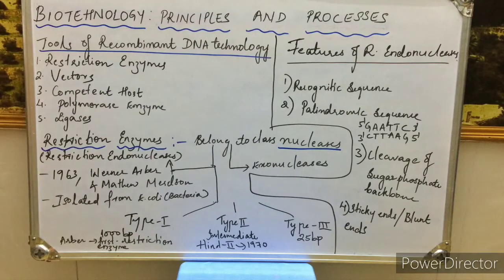When they were performing their experiment, they isolated two enzymes from the E. coli bacteria. In that, one enzyme was methyltransferase, whereas the other enzyme is known as restriction enzyme. So two they have isolated.